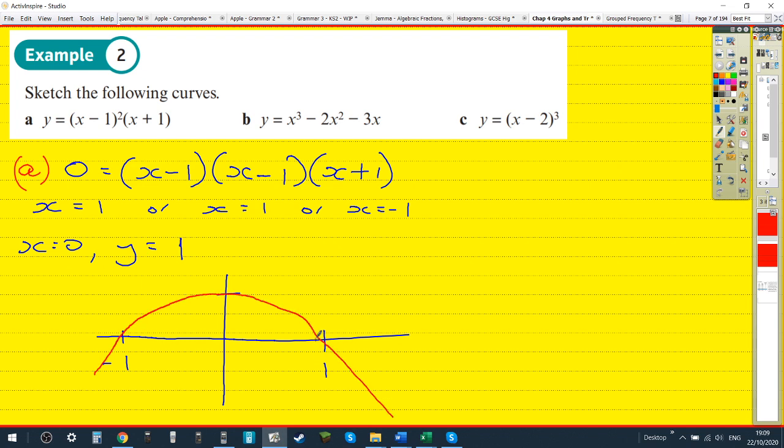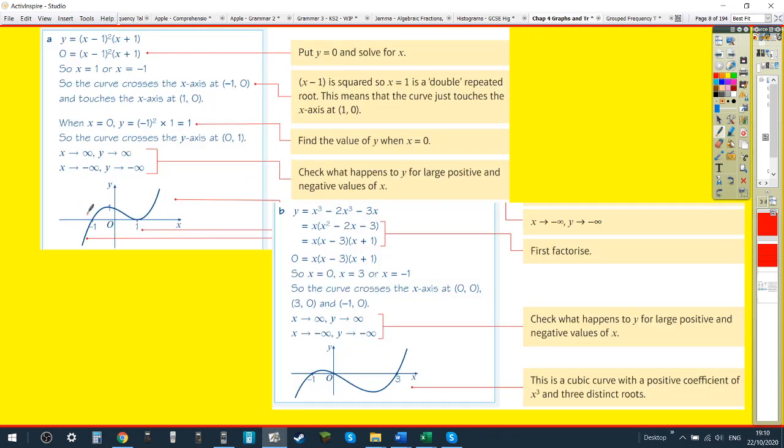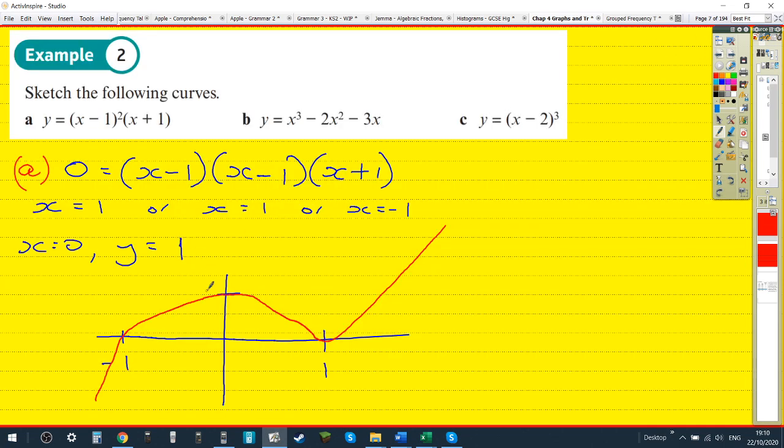The trick is whenever it is squared, it bounces off. The squared one gave us a solution of 1, so when we hit that one, it bounces like that. So at minus 1 it goes through the axis, but at plus 1 it bounces off. And the y-intercept is 1.